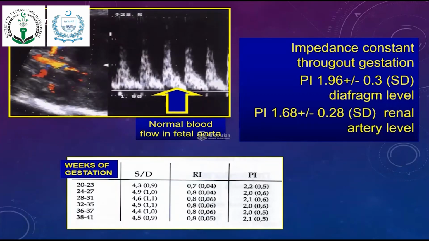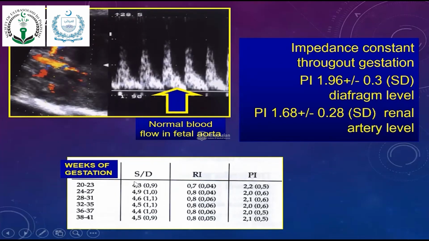We are talking about the aorta of the fetus. Here we have aortic spectral Doppler. This is the normal blood flow in fetal aorta. We have got the SD ratios, RI and PI of the fetal aorta here.